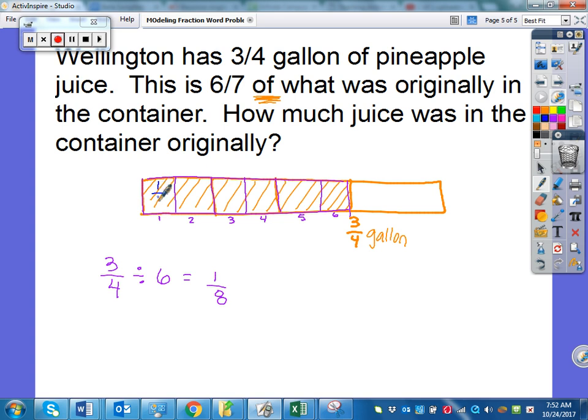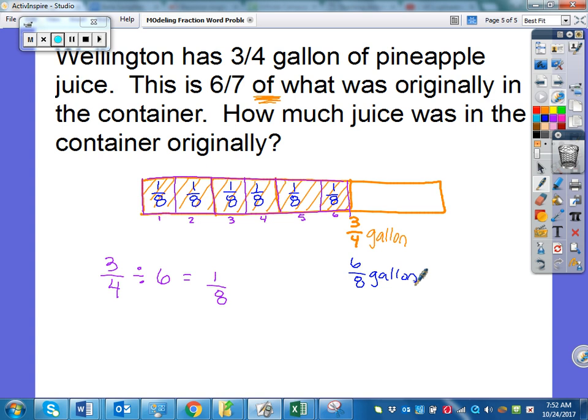But if you needed to do keep, change, flip, that's fine. So I have 1/8, then another 1/8 of a gallon, another 1/8 of a gallon, another 1/8 of a gallon, which is really interesting because now when I add those up, I have 6/8 of a gallon. The same thing as 3/4 of a gallon.